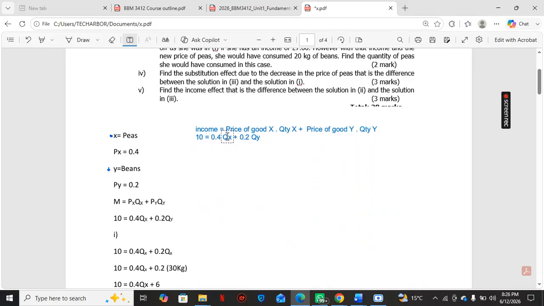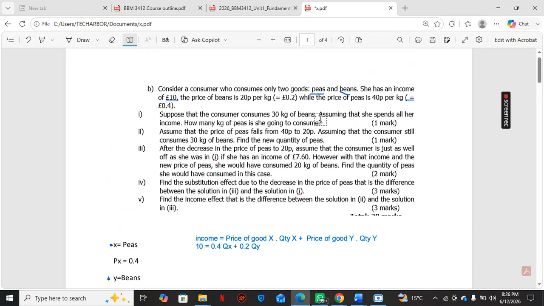Now, once you've got this budget constraint equation, we'll be able to answer the questions that follow. The first question is asking us this. Suppose the consumer consumes 30 kg of beans. Assuming that she spends all her income, how many kg of peas is she going to consume?